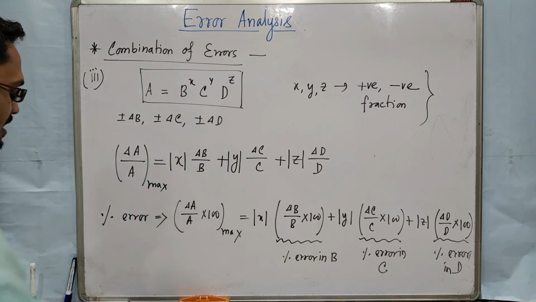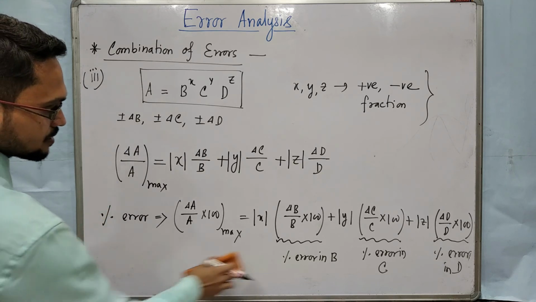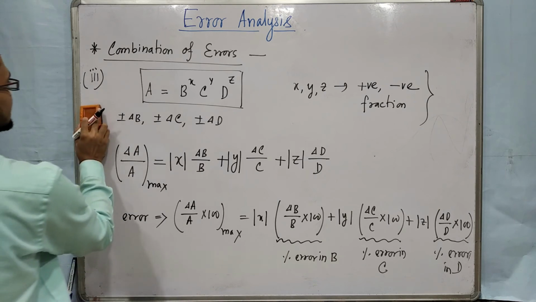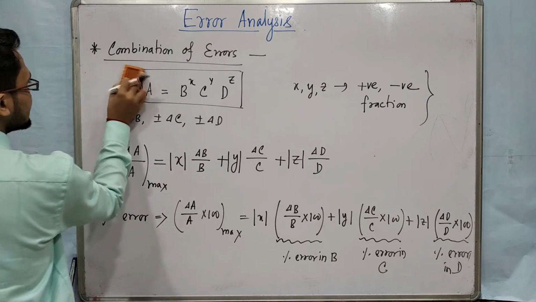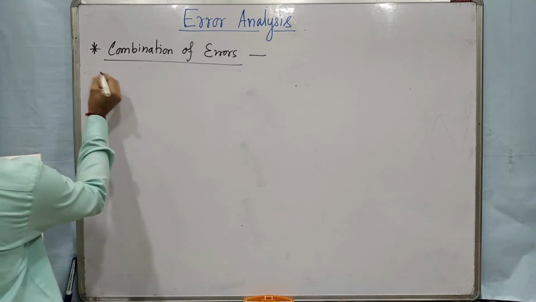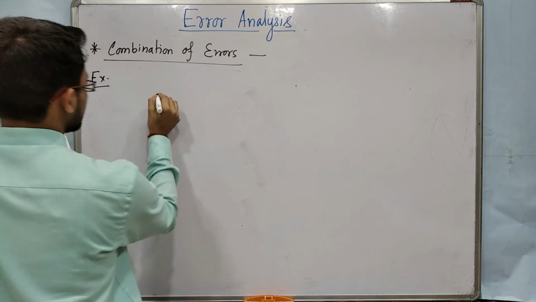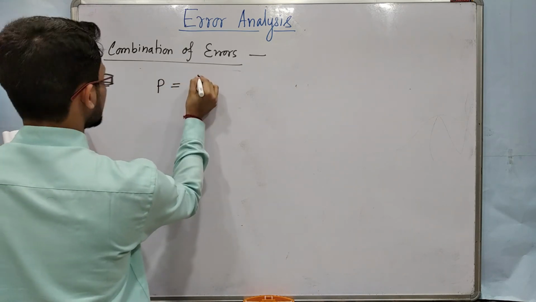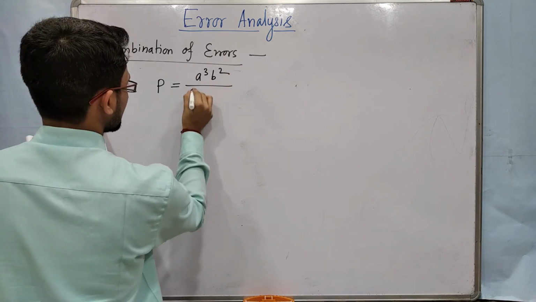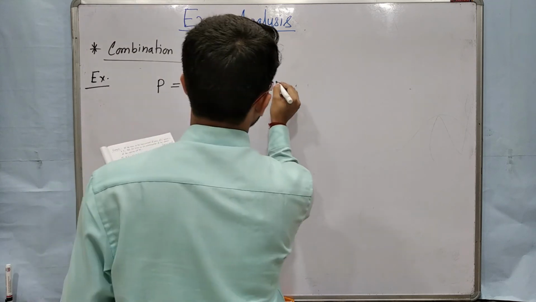Now we will see one or two numericals, then you will understand it properly. So I am erasing this part and solving a few numericals related to this third type. Suppose there is an example like this: a relation is given, p equal to a cube b square by root c into d, and the percentage errors of a, b, c, d are given.